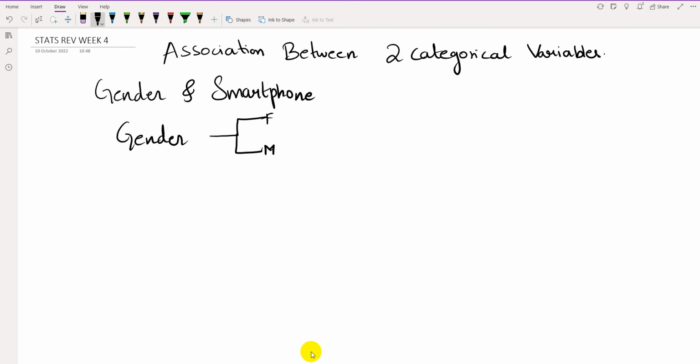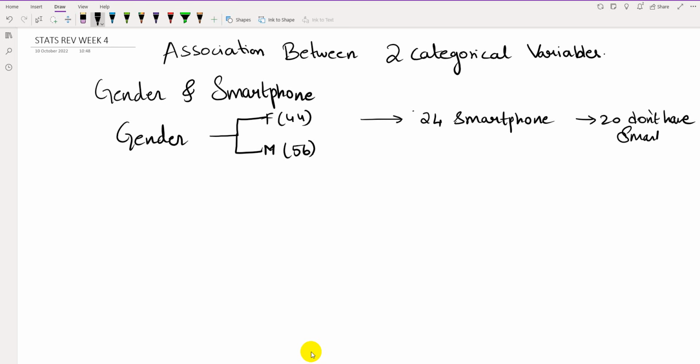Now let us take that we have in total 44 female and 56 male in our data set. Among these 44 female, we came to know that 24 of them have smartphones and the remaining don't, meaning 20 of them don't have a smartphone.